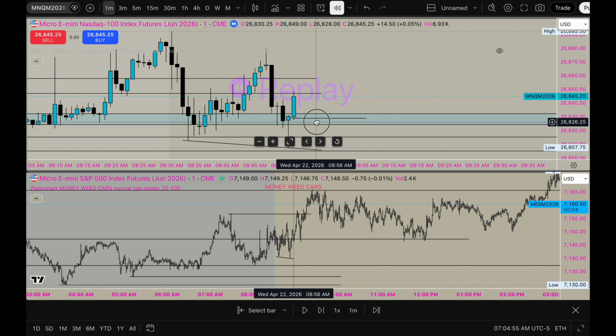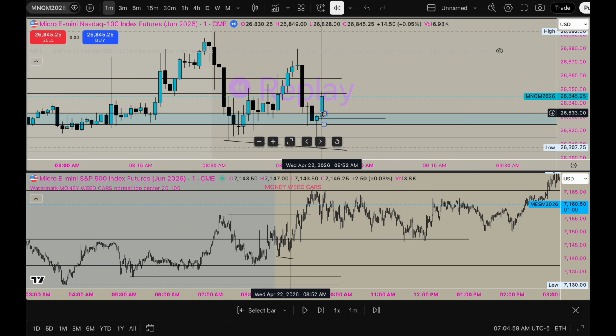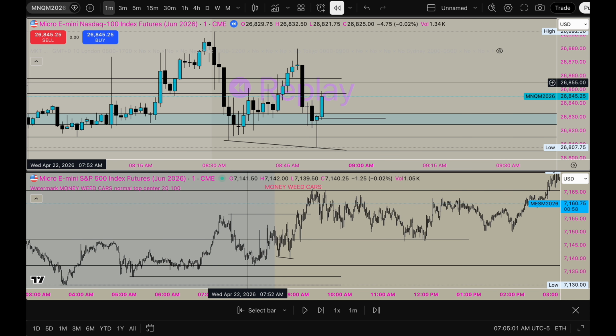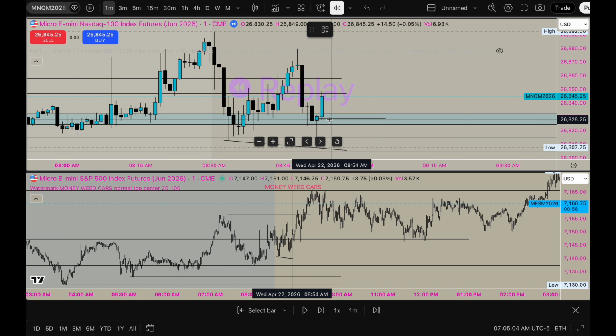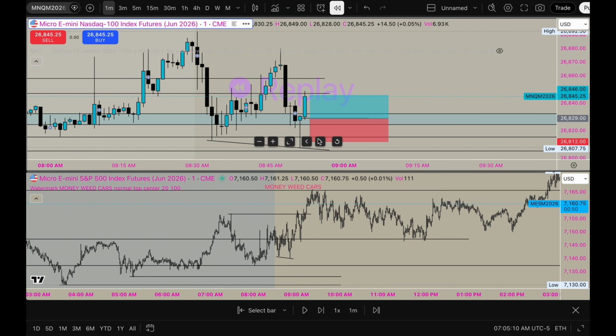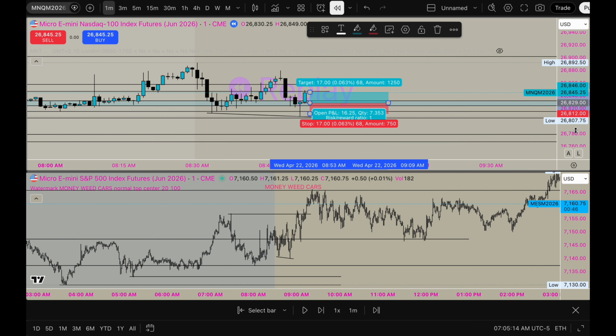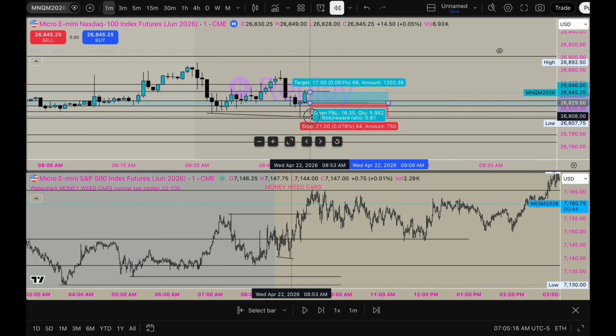This is what I was talking about on setting your stop loss. You can either enter on the second candle right here as soon as it forms and then set your stop just below the SMT candle on the wick, right here.